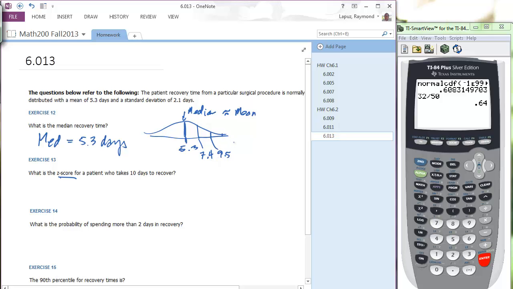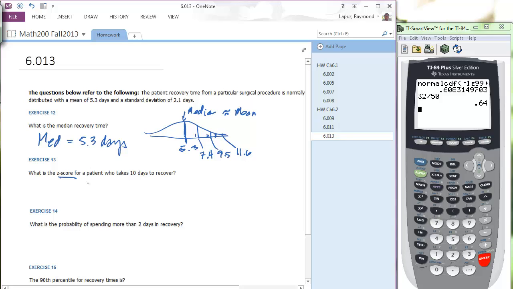And 3 standard deviations would be 11.6. So 10 would be sitting between the second and third standard deviation. So our answer here should be about 2 point something.